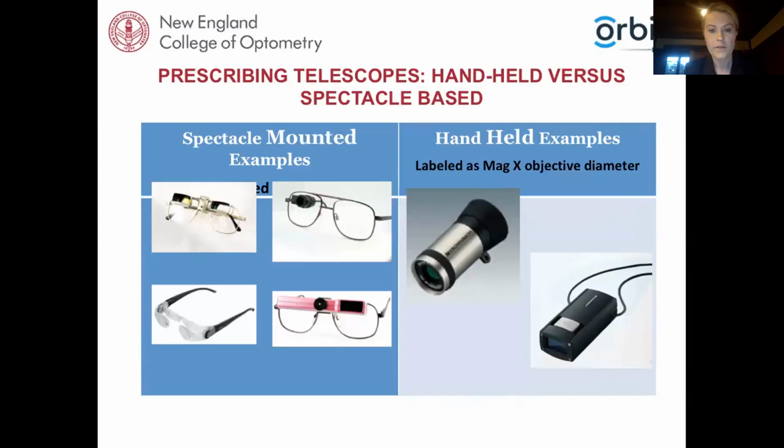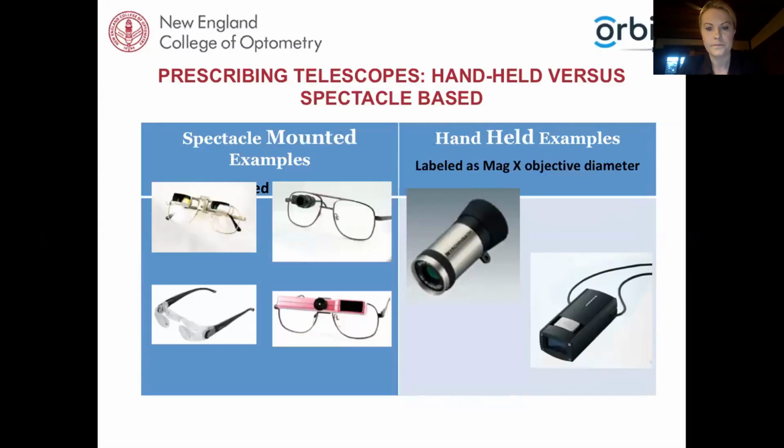One question is, how often would I prescribe a binocular compared to a monocular telescope for distance? This is a difficult question because so much is task dependent.